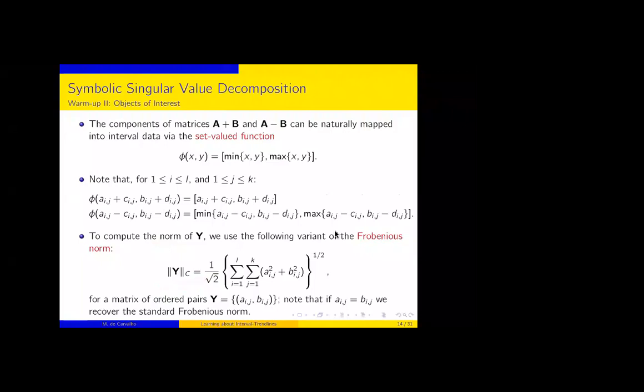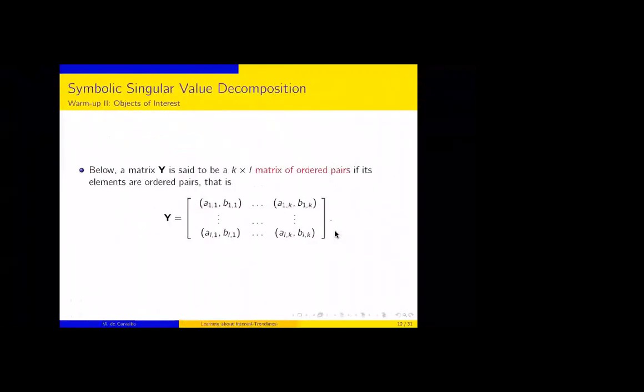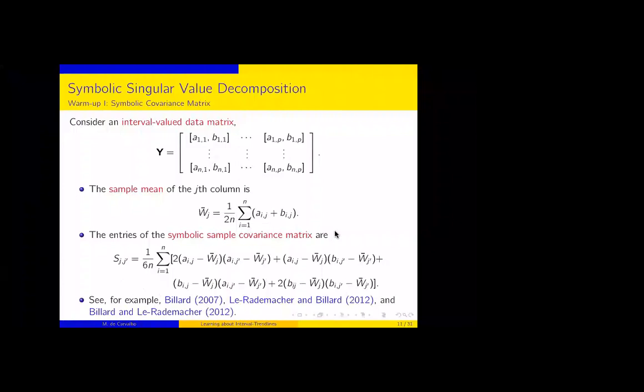In particular, you'll see that if A and B were actually the same, we just recover the standard Frobenius norm, and this is a recurring topic. This is something that we would like to happen, and it's not just there. It would also be the case in terms of this guy here.